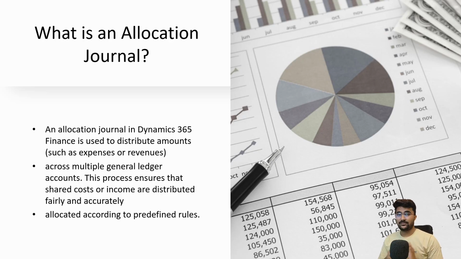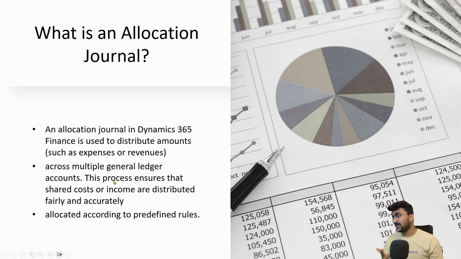Okay. For example, whenever you have expenses that need to be allocated on some method, for example, equally or on percentage basis or on fixed value basis, you can use the allocation journal to maintain the data accurately.